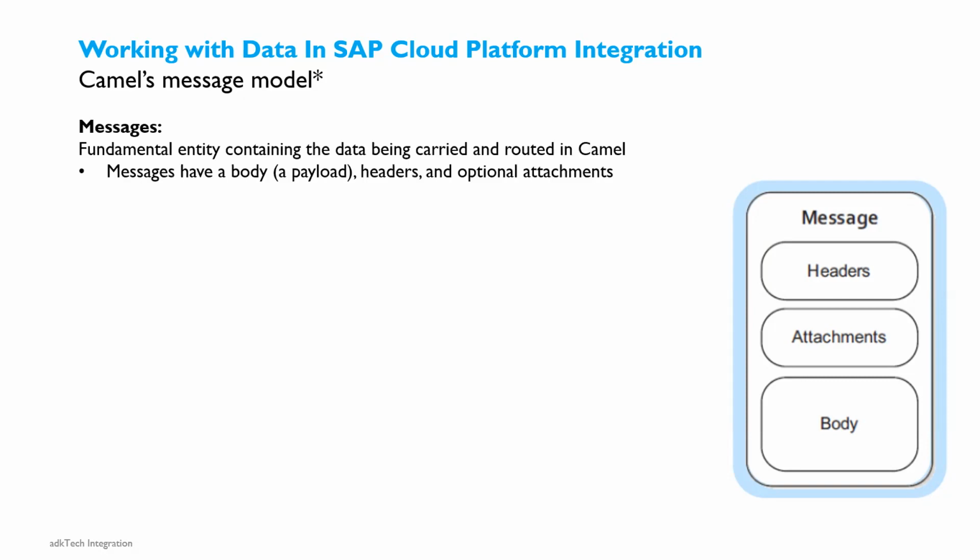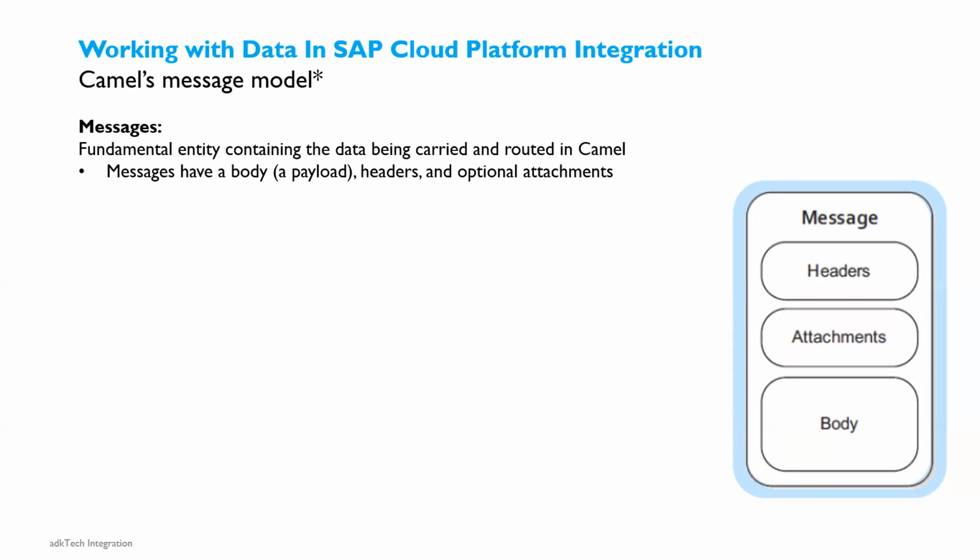Those who are coming from the process integration background are much more familiar with this message, because the message is the main thing which we are dealing with in our integration scenario. Message is the thing which we are sending from one place to another.